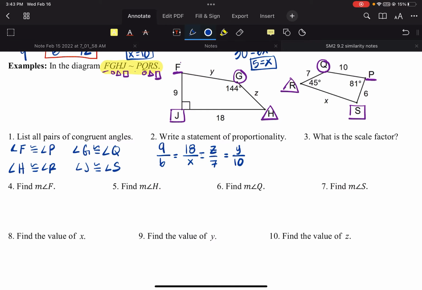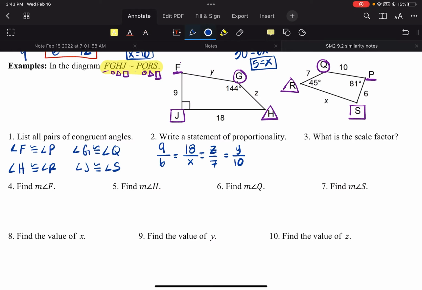Okay? When you're doing this, one thing you want to make sure, and you want to double check it, is that all of the numbers or the variables on the top of your fractions are from the same figure, and all of the numbers or variables on the bottom of your fractions are from the second figure.